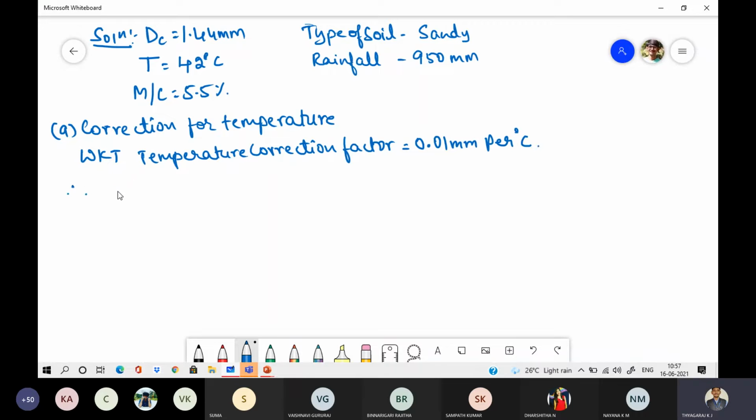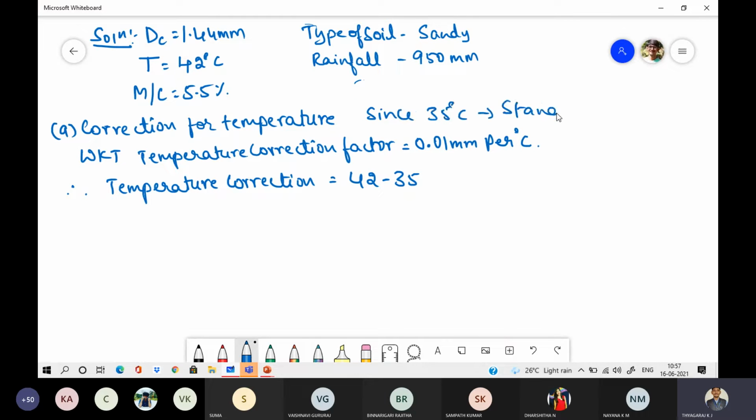Therefore, temperature correction is equal to 42 minus 35, since 35 degrees Celsius is the standard temperature.